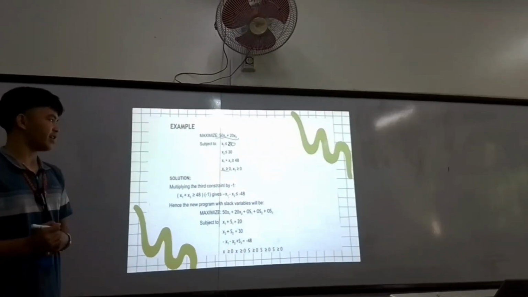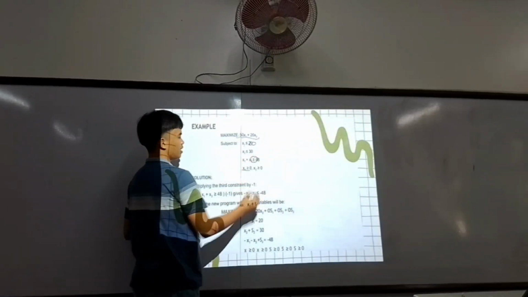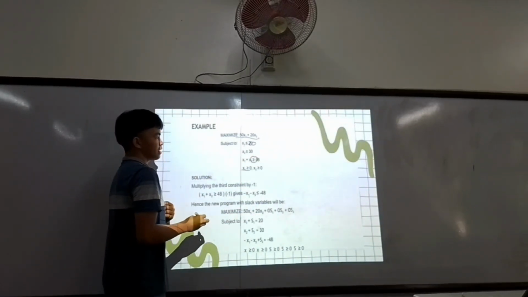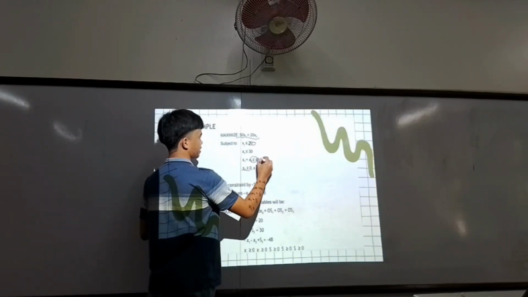So, as I said earlier, we cannot keep this symbol, so we have to multiply it by -1.